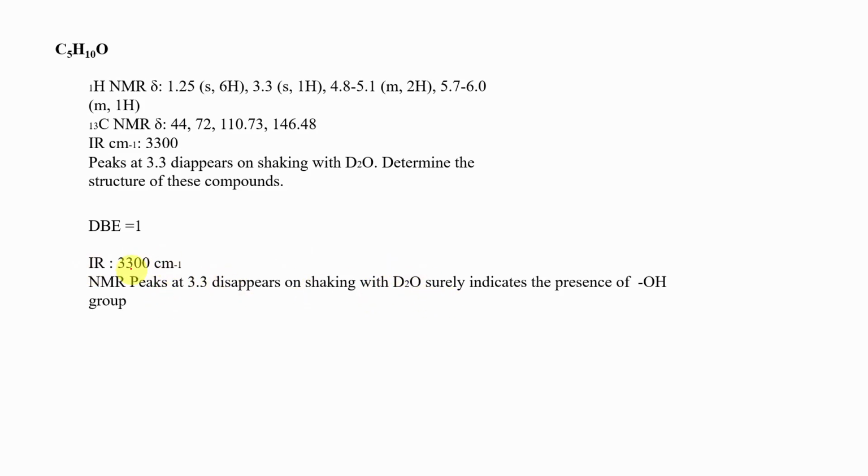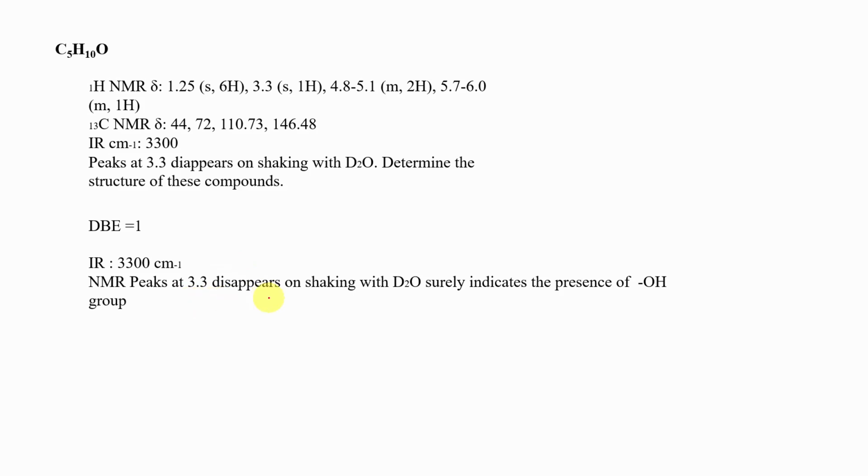These two data indicate the presence of an OH group. Here 3300 cm⁻¹ is the typical OH stretching, and if we add deuterium oxide to this molecule, deuterium exchange takes place. Thereby, the peak at 3.3 disappears.